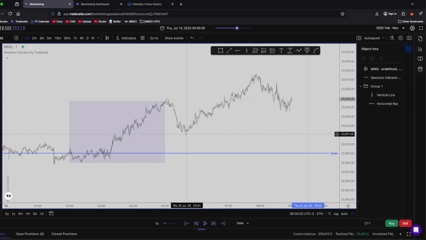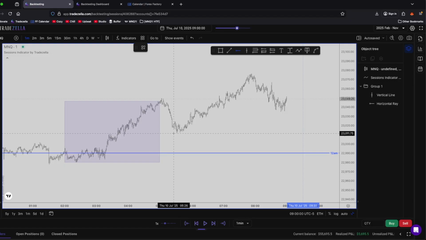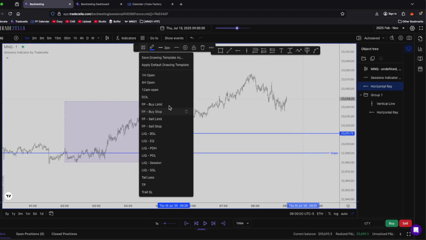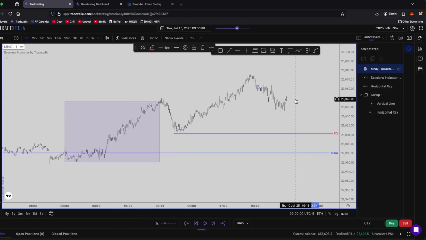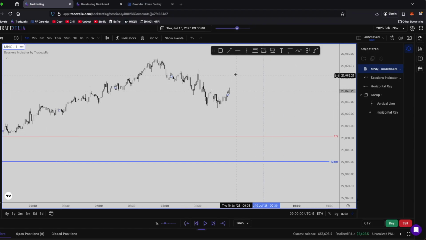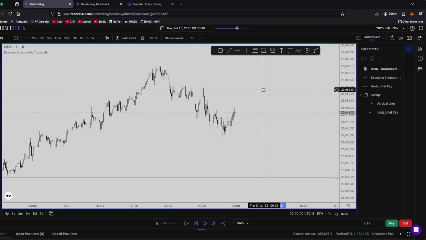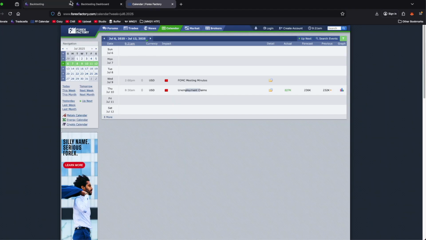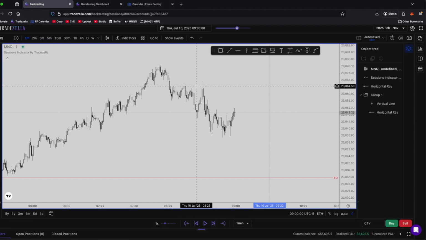Some relative equal lows right down in here. So we look at this trend line liquidity. See how this 8:30 is, it's unemployment claims? Yeah. Took out this high. Kind of makes me think it's going to go down.